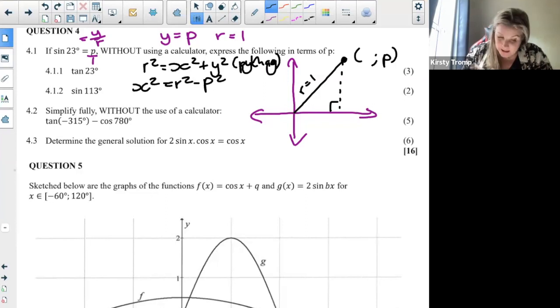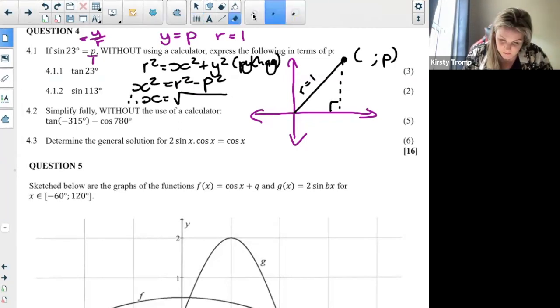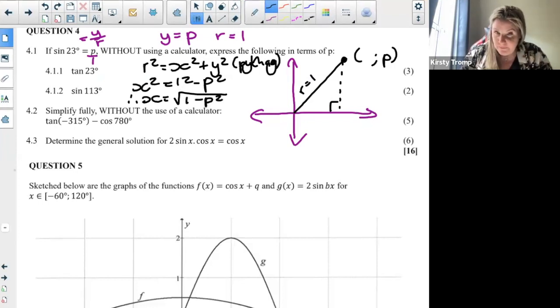Therefore, x will be equal to the square root. Oopsie, I forgot to replace r. What am I doing? Going too quickly. r was equal to 1, guys. So x will be equal to the square root of 1 minus p squared. You can do that in a triangle. That's cool. I've done it in a triangle for you in the memo.